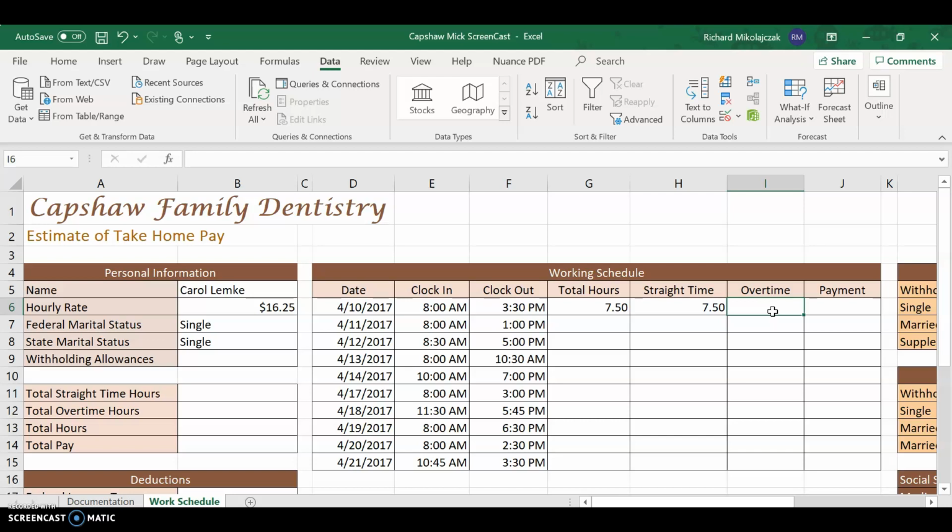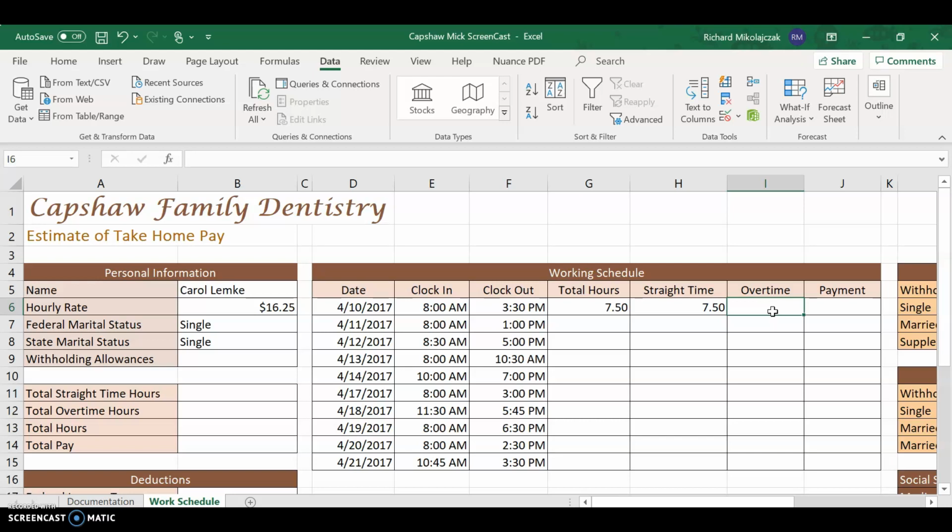The next one is the overtime. And what they want in the book is the IF function to test whether cell G6 is greater than 8.